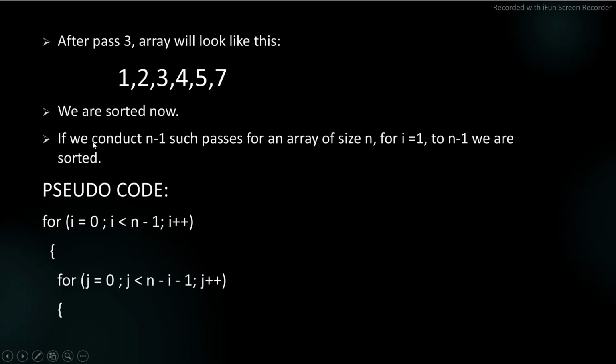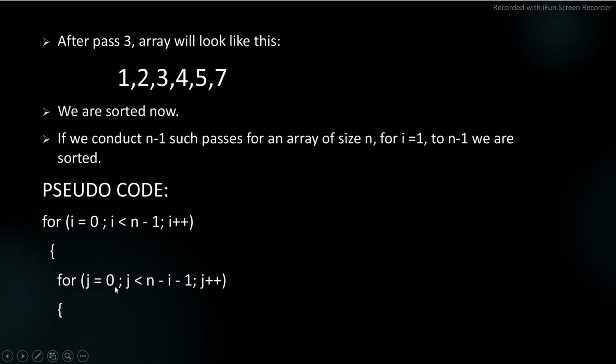If we conduct n-1 such passes for an array of size n, for i equal to 1 to n-1, we are sorted. The pseudocode for this sorting is: for i equal to 0, i less than n-1, i plus plus. For j equal to 0, j less than n-1, j plus plus. We are using two loops here.